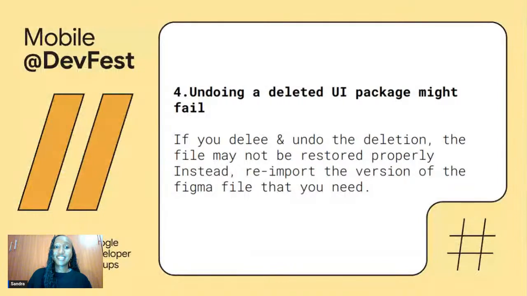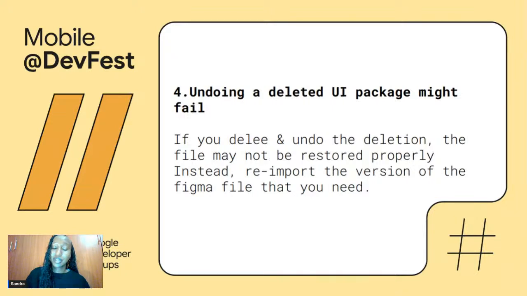Undoing a deleted UI package might fail. So if you delete, and sorry, there was a typo there. I didn't see that. And undo the deletion, the file will not be restored properly. So you have seen the files that have been generated by Relay inside the IDE, and if you delete it and you undo it, the files may not be restored correctly.